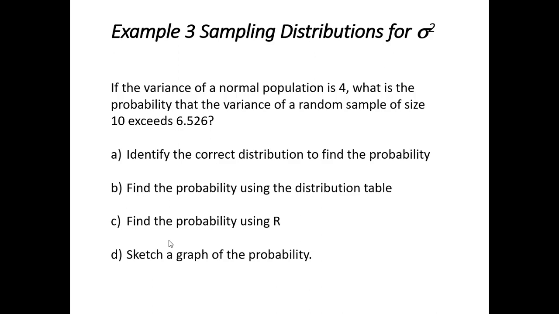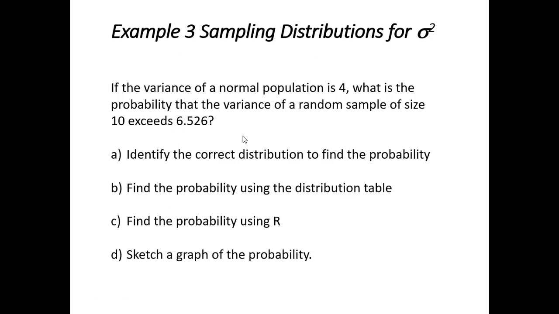Next, let's take a look at an example involving sampling distribution for a variance. Suppose we know that the variance of a normal population is 4. We're asked, what's the probability that the variance of a random sample of size 10 exceeds 6.526?